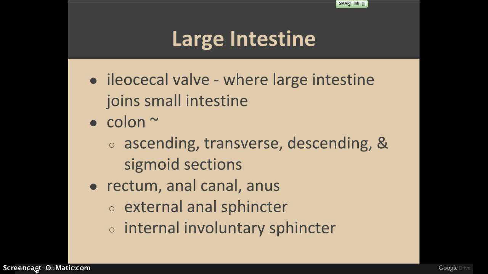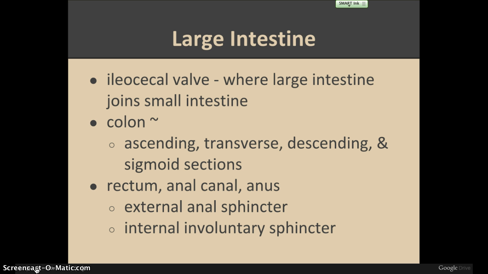In the large intestine, there is no villi present. There are goblet cells located on the wall, on that mucosa. And guess what they produce? Mucus. And they lubricate the passageway. The external anal sphincter is voluntary. That's a skeletal muscle.